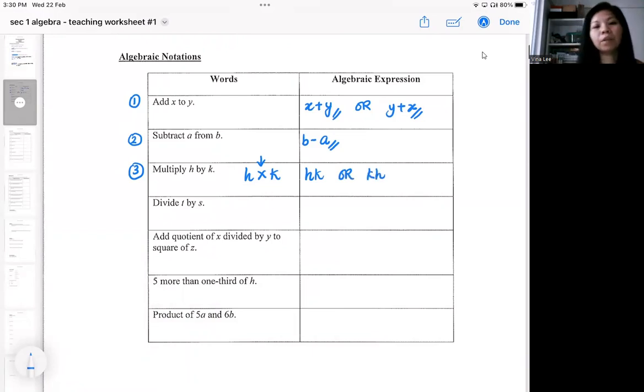So a multiplication sign can be invisible. It's an understood kind of thing. Okay, number 4, if we write a division, so basically T is divided by S. Usually when it is a divide, we will try to write it as a fraction. So this fraction line is like a divide.